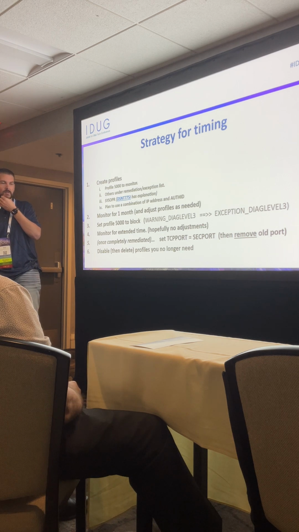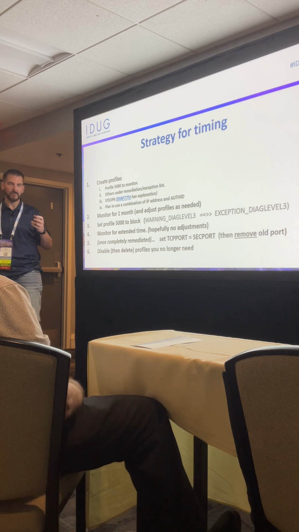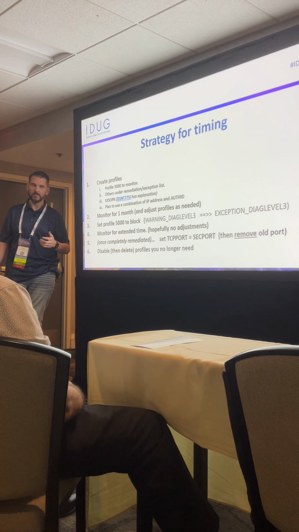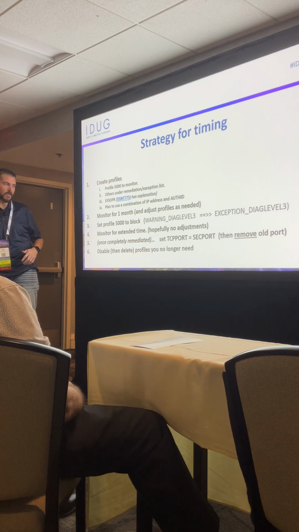And then, in my opinion, you're not done until your TCP port is equal to the value of secure port. When I say remove, that's when you can talk to your Enterprise Z people that do the infrastructure and tell them, okay, I'm fully done with that port, let's go ahead and get it out of the system totally.